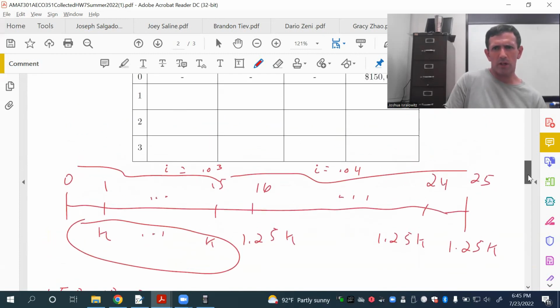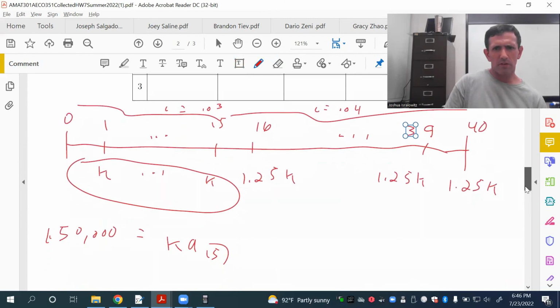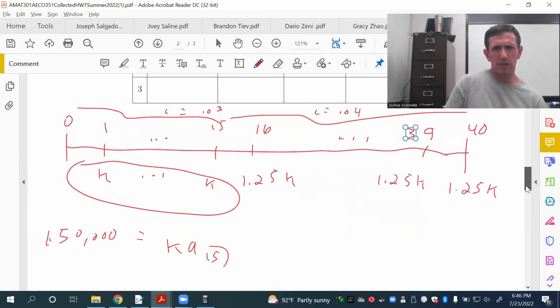And this should be 39 and 40. Very silly on my part. Anyway, 0.03. All right, that takes care of these. Now let's take care of the other 25 payments.